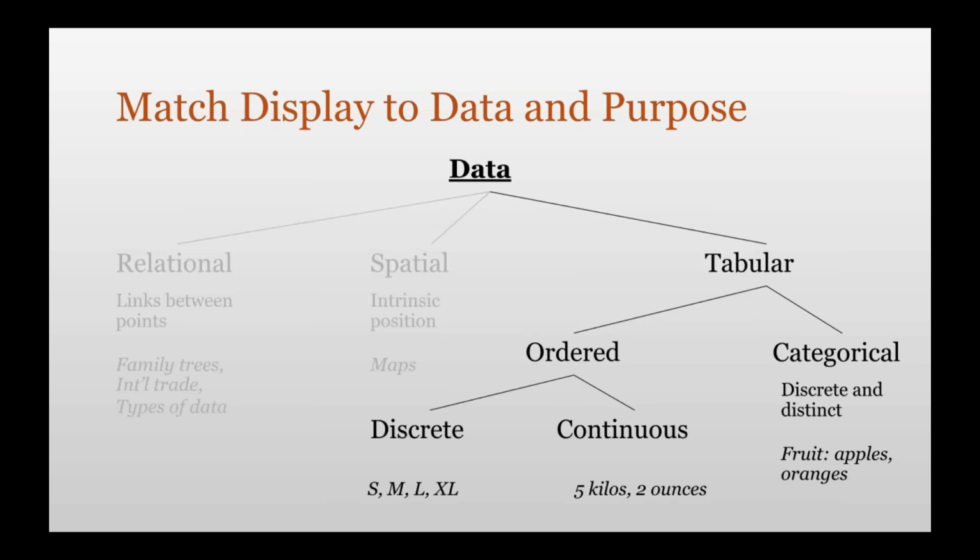And when you get to tabular data, you have a lot more variety, and you're going to be seeing a lot of this sort of data. You could look at either ordered or categorical data. Within ordered, it's meant to be divided into either discrete or continuous. Usually you'll be able to see this within the table.